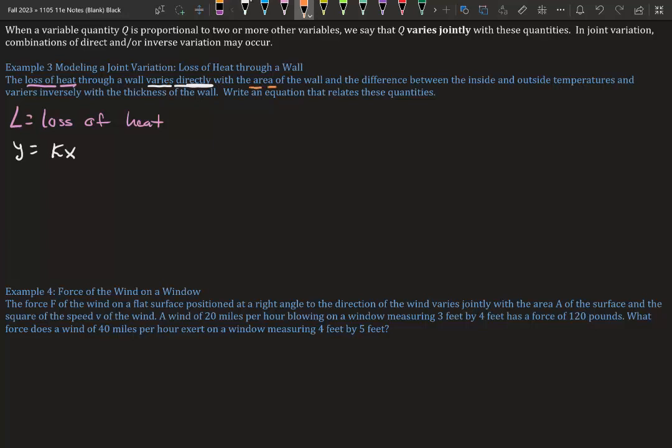Then we have the area of the wall. Area of the wall, we can say A. And difference between the inside and outside temperature. So that's temperature difference. Let's say that's T.